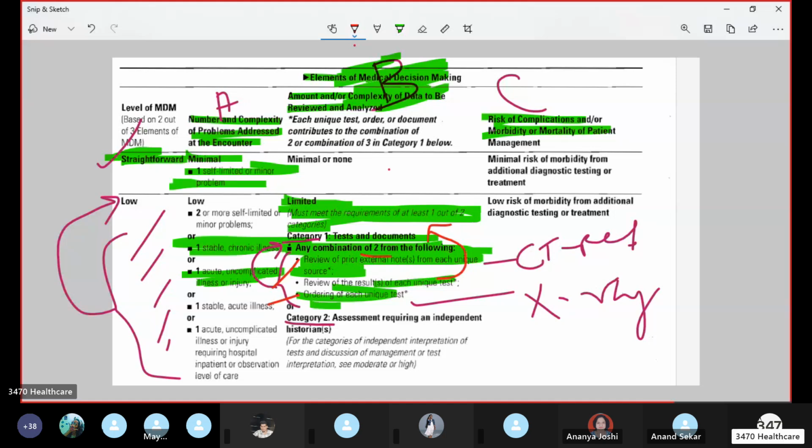Then category 2 is assessment requiring independent historian. That means apart from the patient, if anyone gives the history, family members or providers, someone apart from the patient, then you have to go for the low.